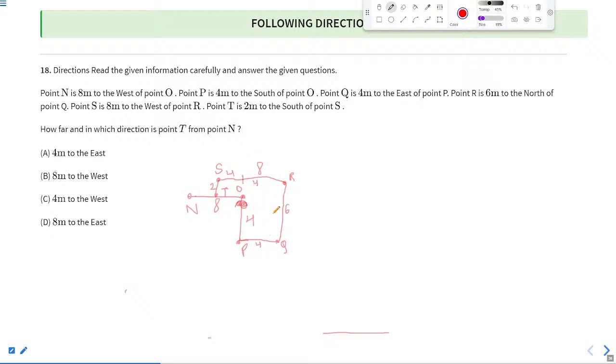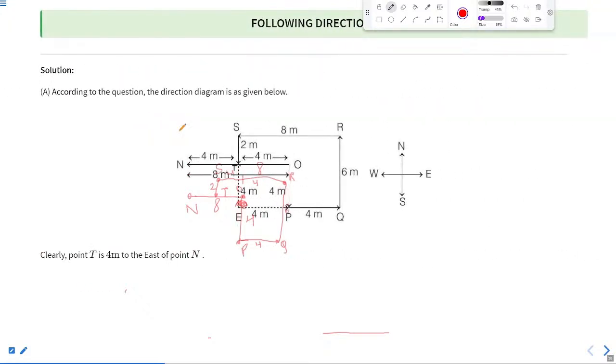PQ is 4, so subtracting PQ from RS we get 4. So it is 4 meters to the east. Answer is A. We get the diagram as below. So T is 4 meters to the east of point N.